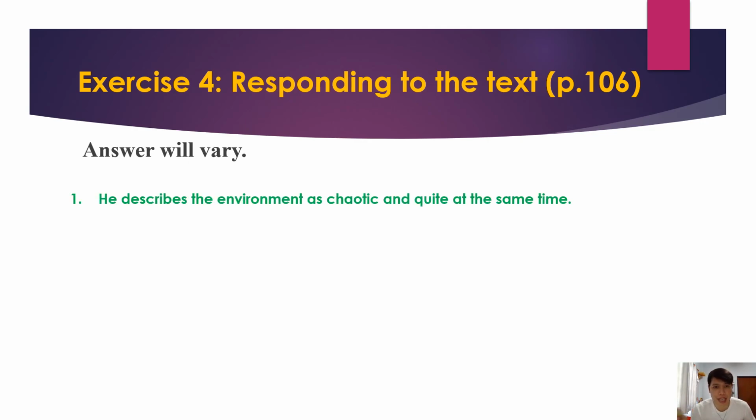He describes the environment as chaotic and quiet at the same time. The word chaotic means loud and crowded with many people. You can imagine the Ratchaphat canteen in the afternoon before COVID-19. It's chaotic, that means many people, but it's also quiet at the same time.